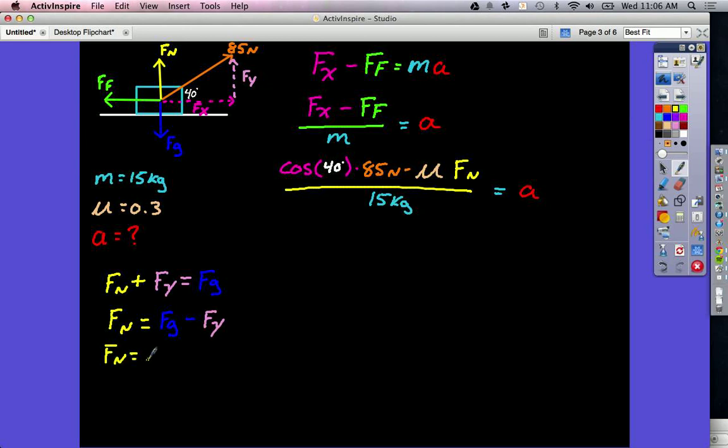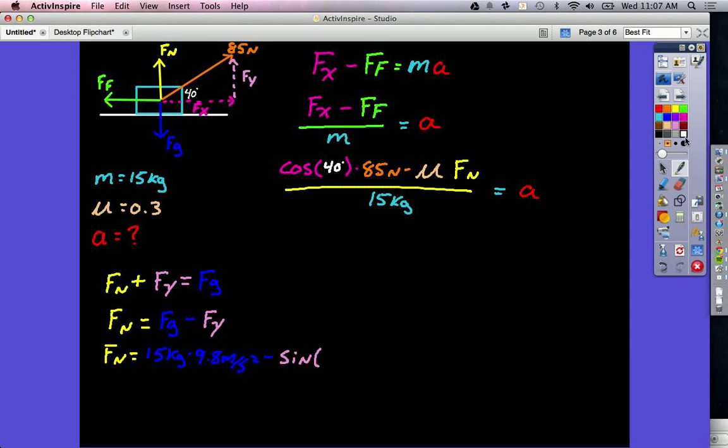So my normal force is equal to force of gravity, which is the mass, which is 15 kilograms, times 9.8 meters per second squared, minus that force of pull in the y direction, and that's the opposite side of this triangle, so I'm going to use sine.